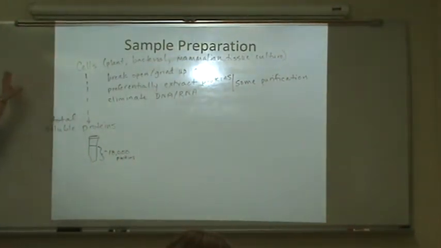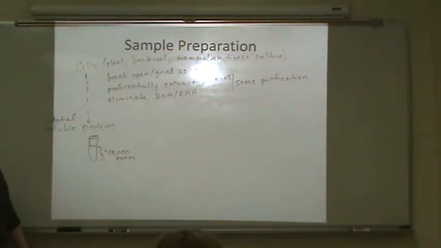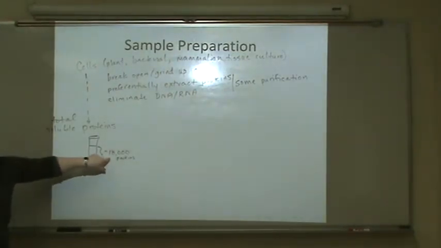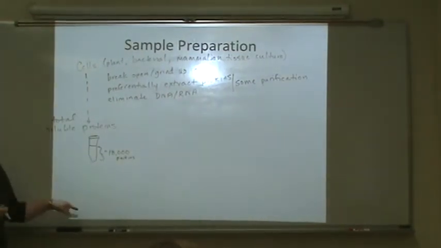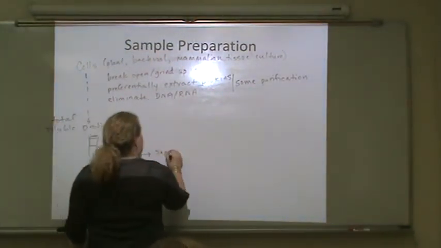Whatever was present in the cells at that time, whatever is not stuck in membranes, you've got soluble proteins, and it's all the proteins, everything. Soluble proteins. And then, to prepare these for electrophoresis or for Western blots, we want to be able to separate these by size.